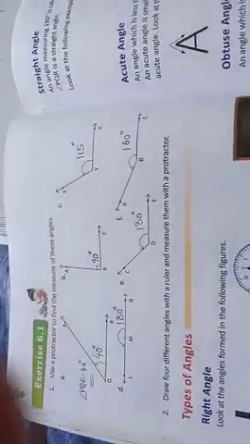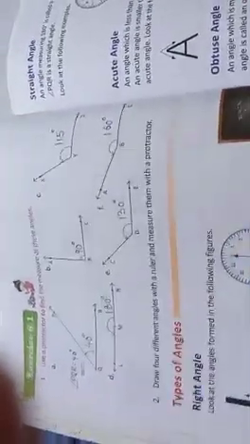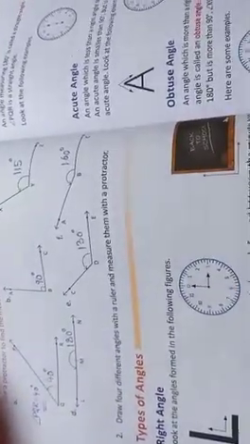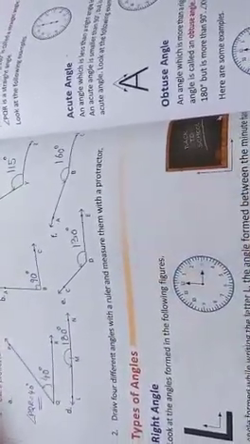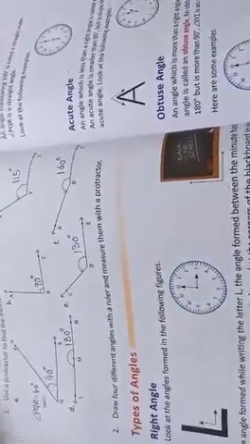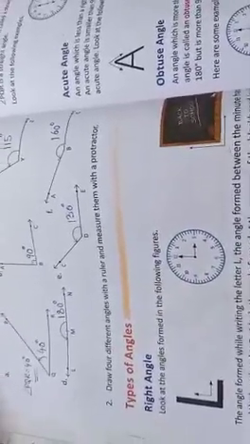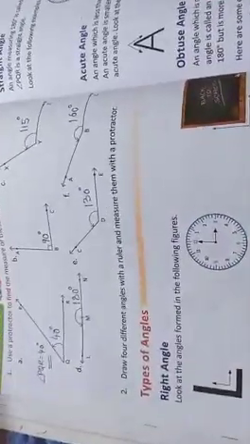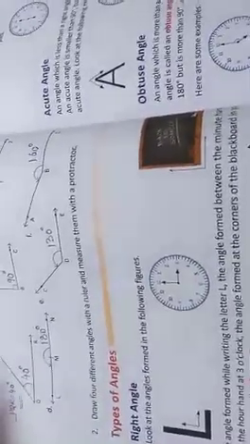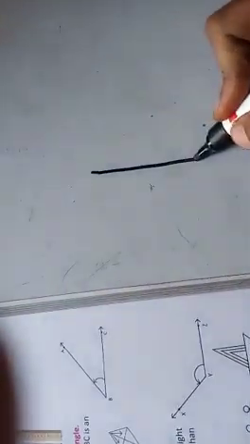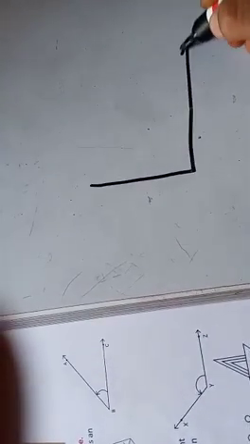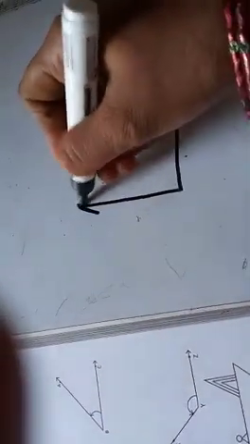Okay. Now, next one. Here we have completed how to measure the angles. Hope you have done the second one also. Next, today we are going to learn about the types of angles. See this? Here is a line.